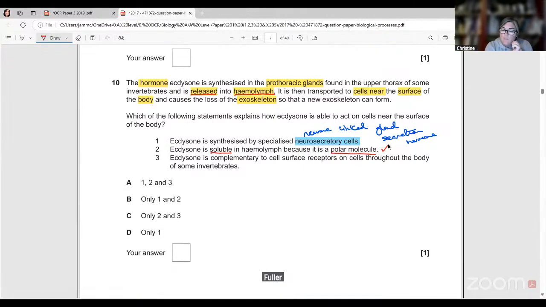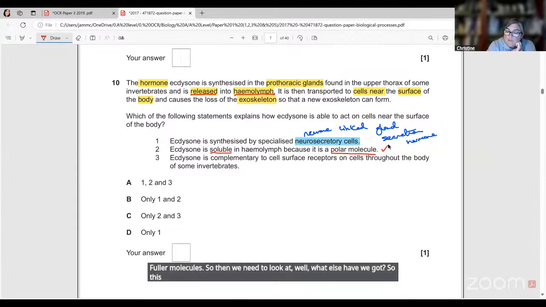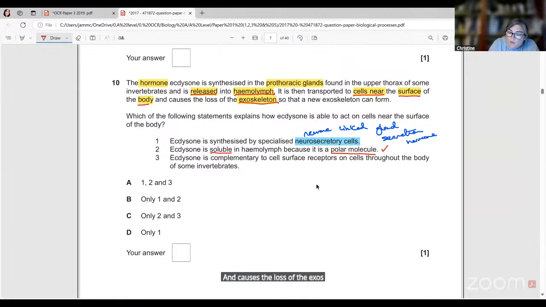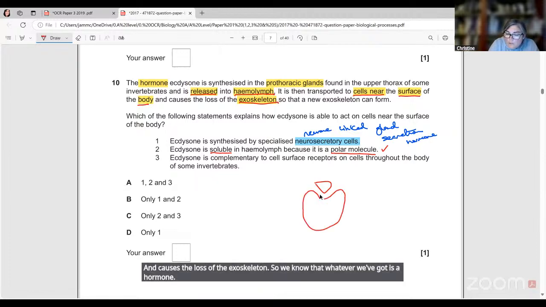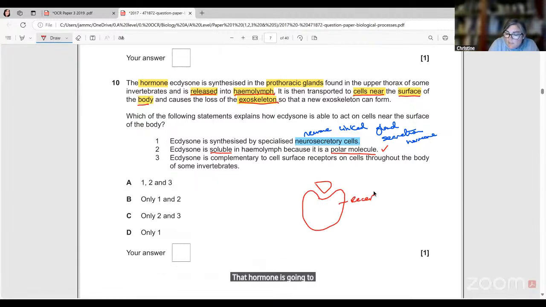So then we need to look at, well, what else have we got? So this hormone is complementary to the cell surface receptors on cells throughout the body of some invertebrates. Well, they told us that it's transported to cells near the surface of the body and causes the loss of the exoskeleton. So we know that whatever we've got as a hormone, that hormone is going to bind to a receptor.